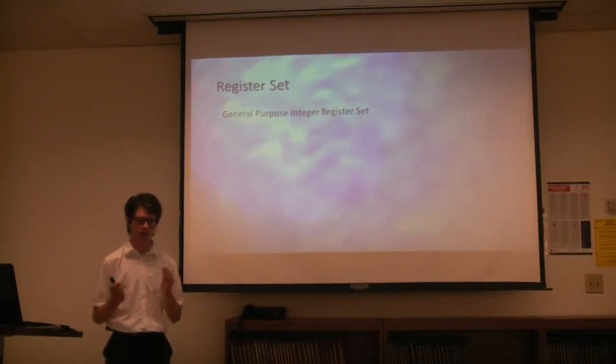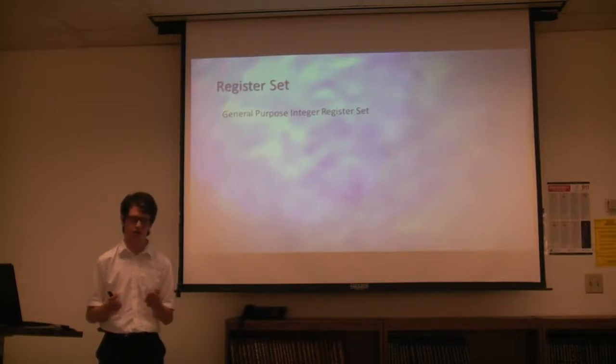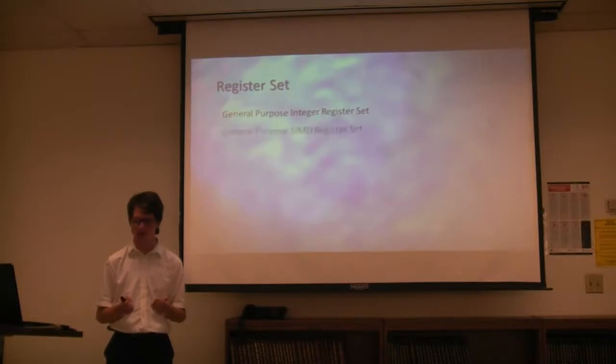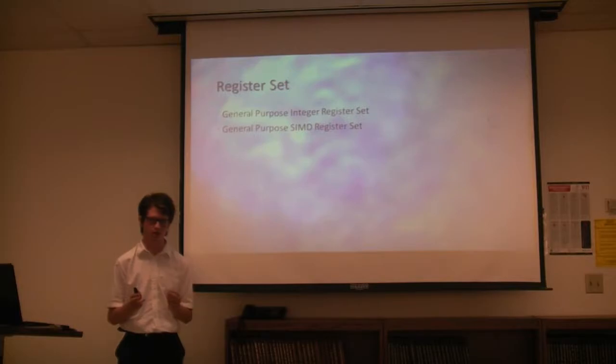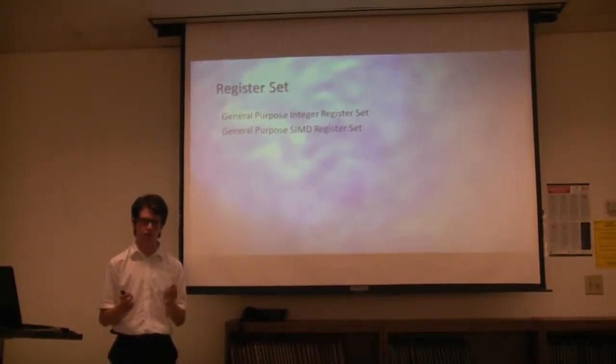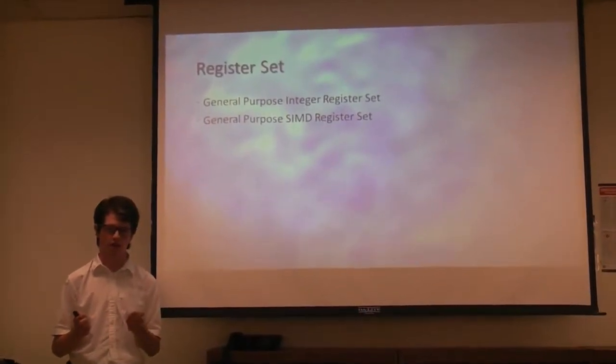We have a general purpose integer register set. We have 32 registers for that. We have the SIMD register set. This is for the vector operations. Each register is 128 bits wide, and you have 32 of those.